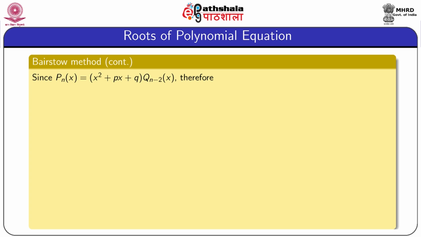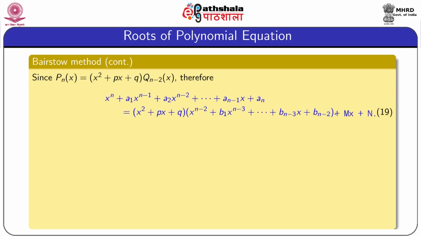Since the polynomial Pn(x) is expressed in the form (x squared plus px plus q) into Qn-2(x), we get equation number 19. The left hand side is the expression for Pn(x), and the right hand side is the product of the quadratic factor and the deflated polynomial Qn-2. Comparing both sides, we get a1 equals b1 plus p.